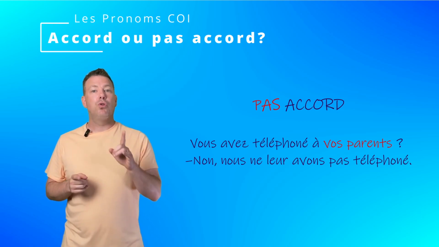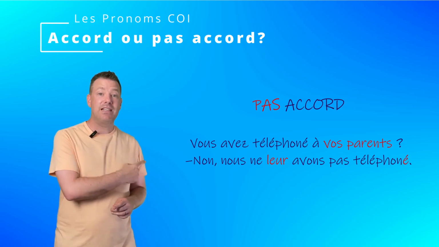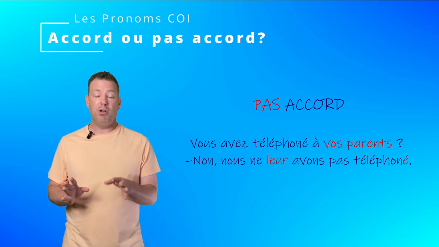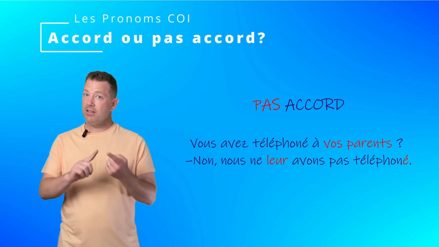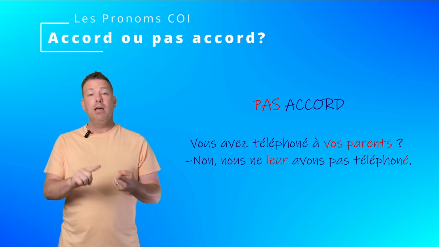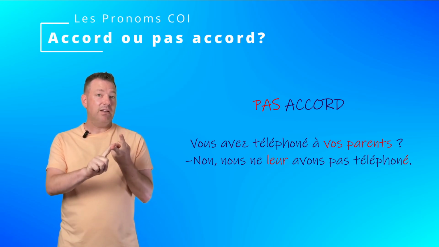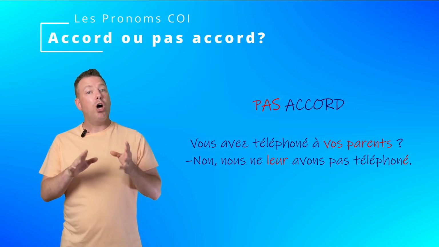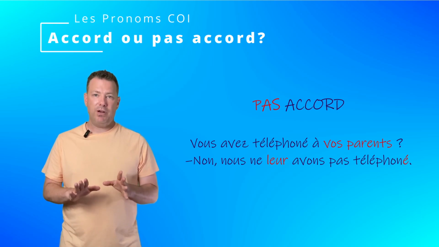Non, nous ne leur avons pas téléphoné. And look at the form of téléphoné. There is no agreement with the subject because we are using avoir as an auxiliary. That's one thing. And there is no agreement with the pronoun because that pronoun is a COI. So you only do an agreement with a COD pronoun.